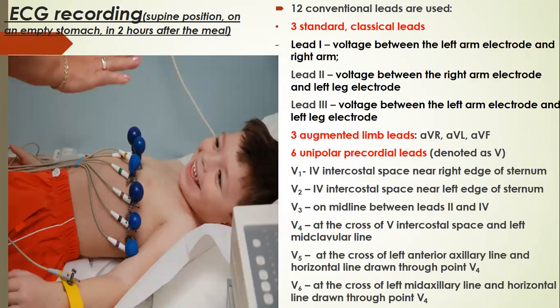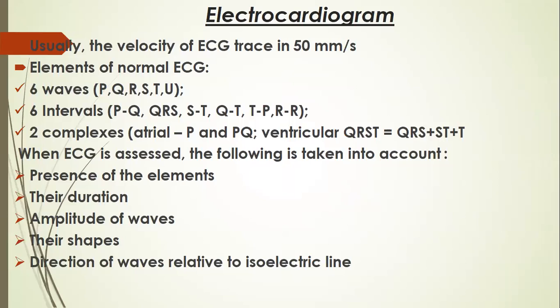We measure electrocardiography in supine position, on an empty stomach or 2 hours after a meal. There are 12 conventional leads of the electrocardiogram: 3 standard, 3 augmented limb leads, and unipolar precordial leads.